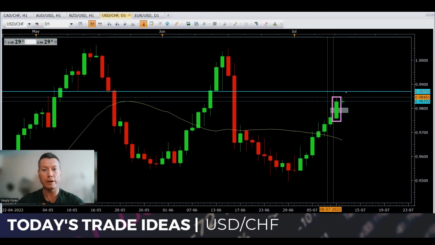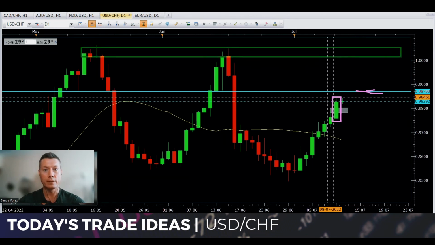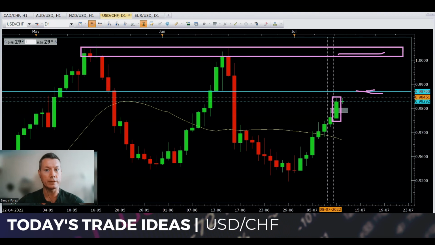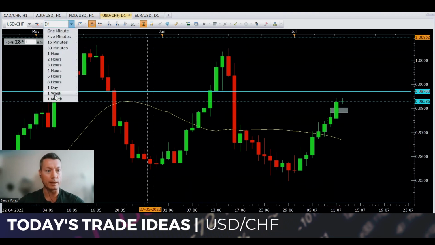But my higher time frame target is this blue line. Let me explain why it is not this last high. That would make perfect sense, wouldn't it, to have this as our target? But let's look at the weekly chart to explain why.